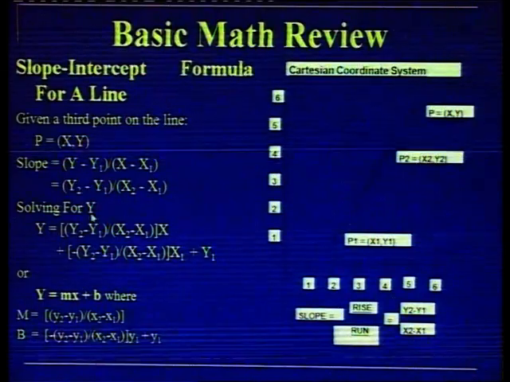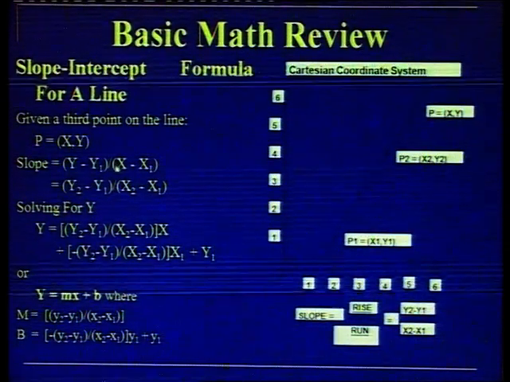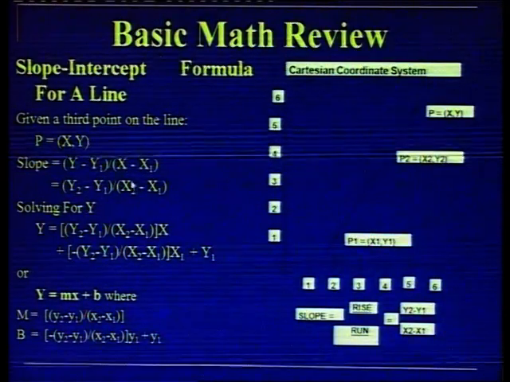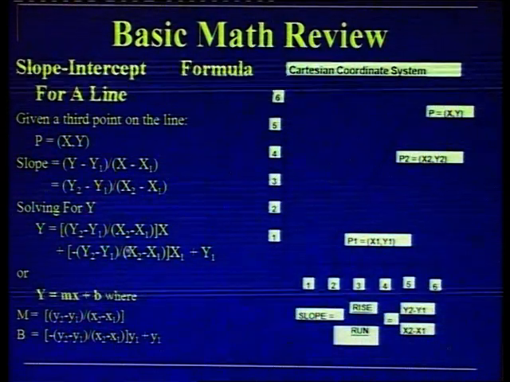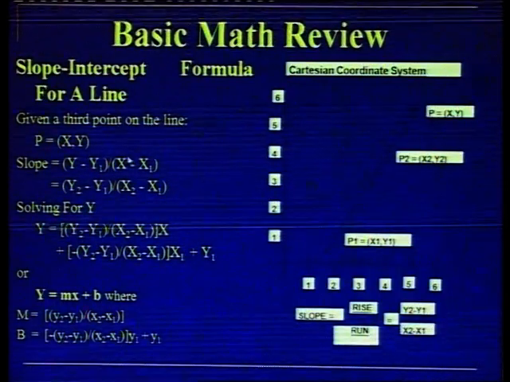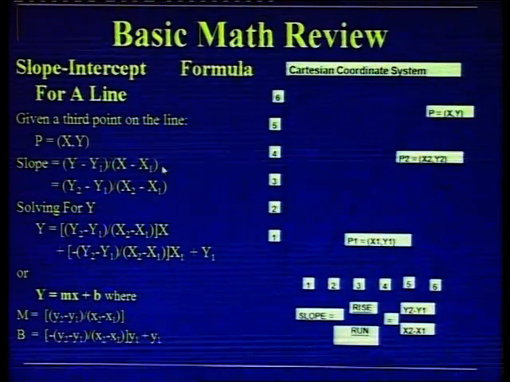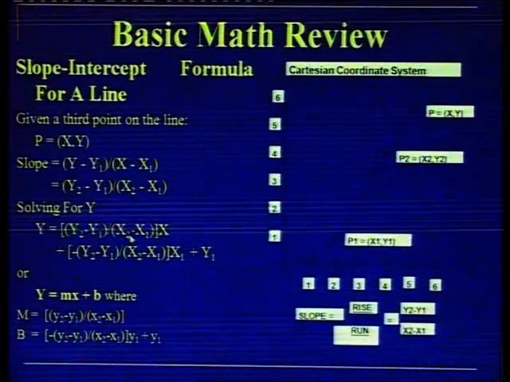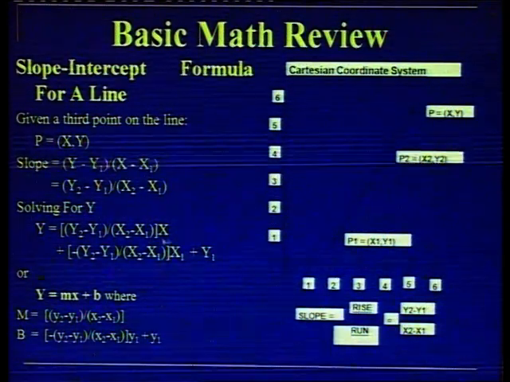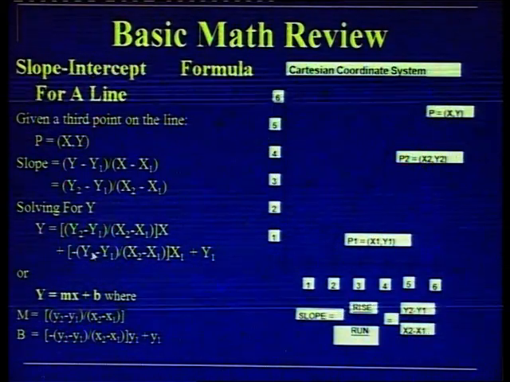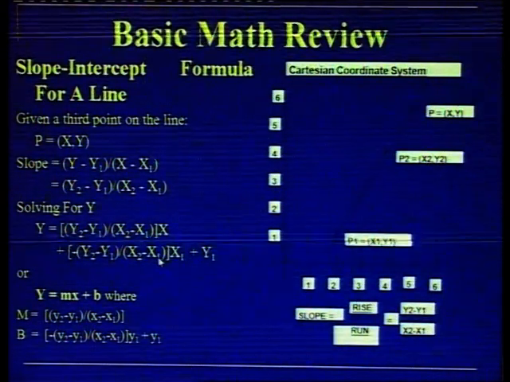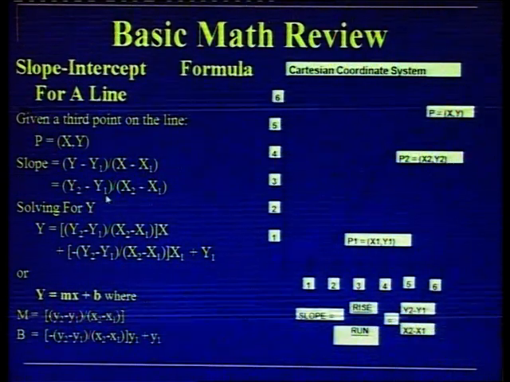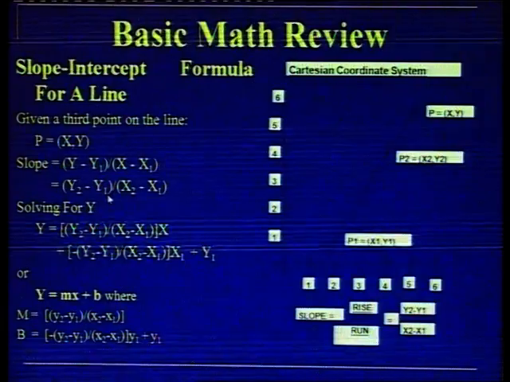So, for solving for y from these equations, both these equations are equal. y is equal to y2 minus y1 upon x2 minus x1 into x minus x1, which will be cross multiplied, so that we get y2 minus y1 upon x2 minus x1 multiplied by x, minus y2 minus y1 upon x2 minus x1 multiplied by x1, and this y1 will be added on the opposite side.